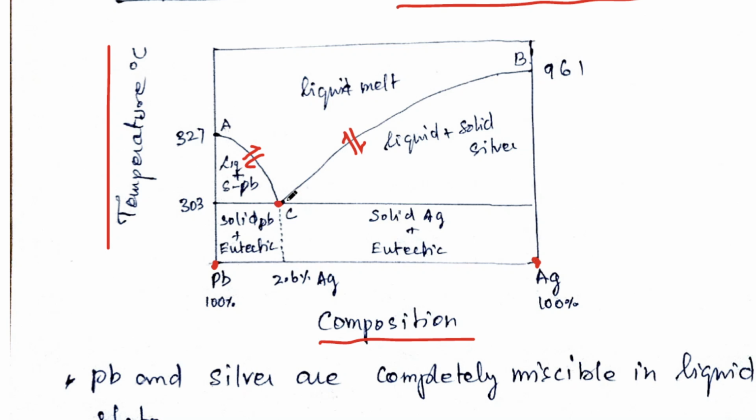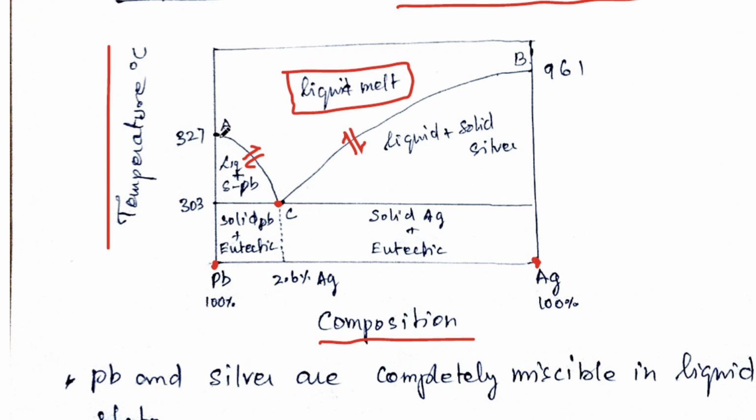If you calculate the degrees of freedom in this area, there is only one phase, and therefore 3 minus P is 2, so the degrees of freedom in this area will be 2. That means bivariant. You have to specify both the composition and temperature to describe any point in this area. That's why we call it bivariant.